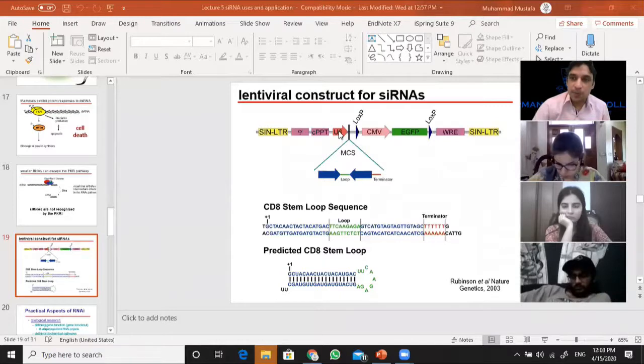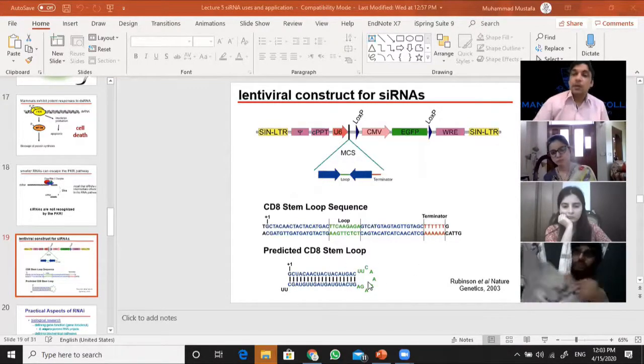Now this U6 promoter will continuously produce that double-stranded RNA stem loop sequence, that 21-23 base pair stem loop structure. It will be continuously captured by the Dicer. It will keep on silencing the target gene forever. So as long as the human genome contains that vector, the target gene will not be expressed.